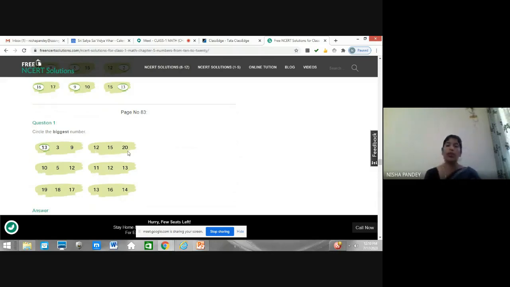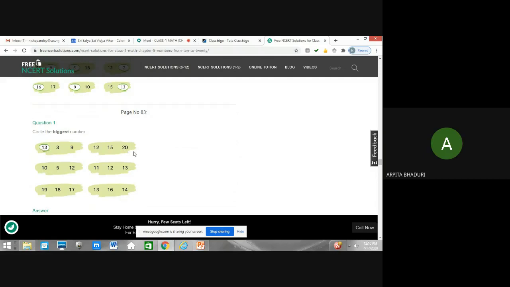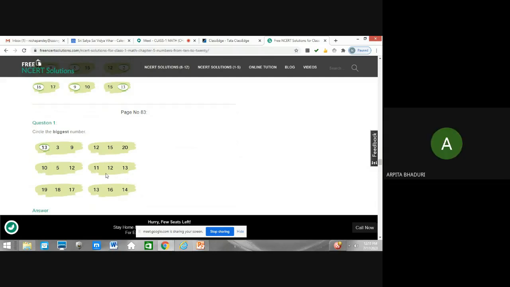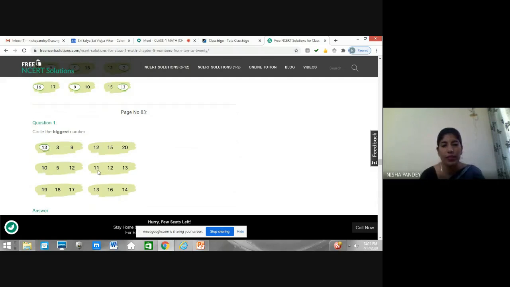Which is the biggest one here? Ma'am, 20. Now 11, 12, 13. Which is the biggest? Ma'am, 13. It goes from small to bigger numbers here, so 13 will be the biggest one, right?